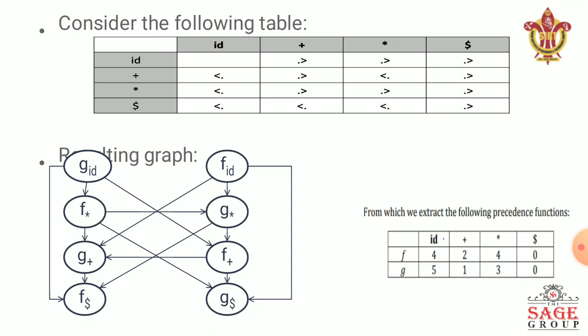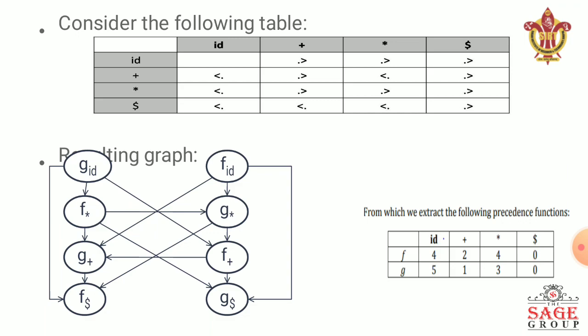Now we use this precedence table to generate our resulting graph. There are four terminals in the rows and four terminals in the columns. So all values of the row are represented by f, and all values in the column are represented by g.